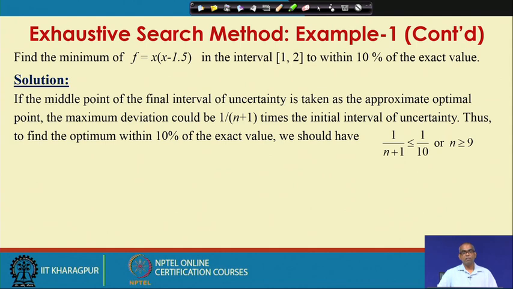So, we can decrease the final interval of uncertainty, and we need to decrease the interval such that the solution obtained by the exhaustive search method is within 10% of the exact value.